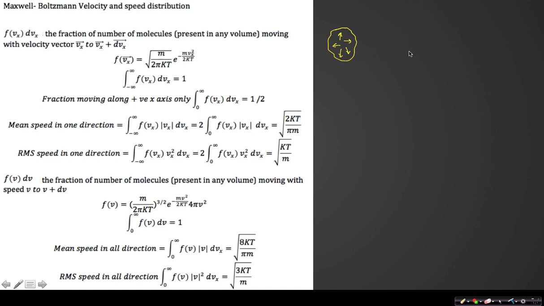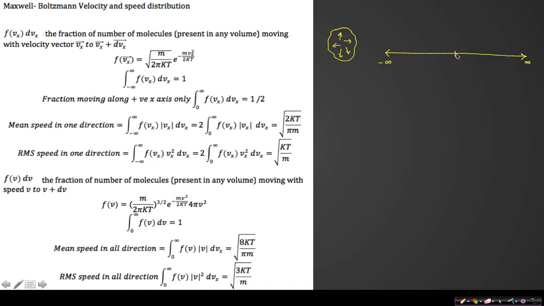Now, if you take only the x component of all those velocities in any given volume, then you will find that the velocity along the x-axis ranges from minus infinity to plus infinity.